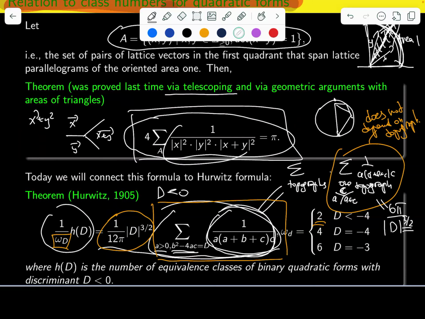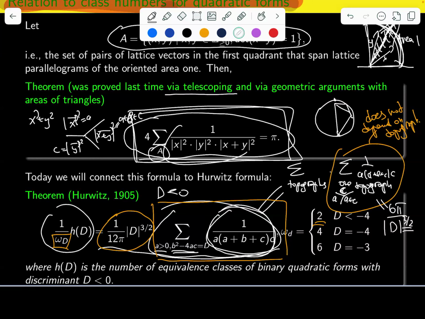So here a will be equal to x squared, c will be equal to y squared, and this is a plus b plus c. And so this thing here just computes what happens for one form. Here the summation is not exactly about the whole topograph, but about a part of the topograph. But in a sense, with standard combinatorial rewriting, you will see it always like that.